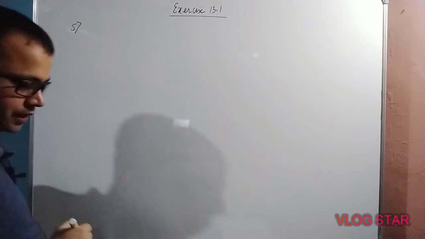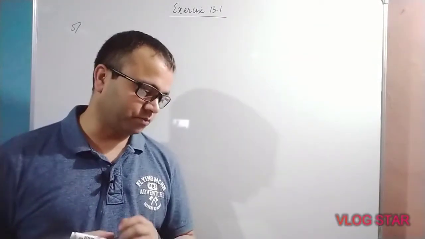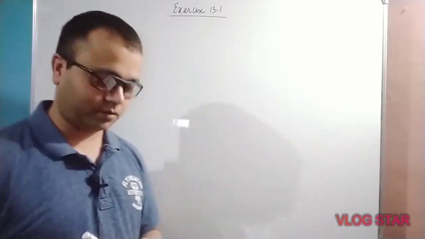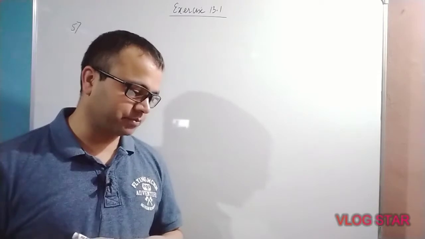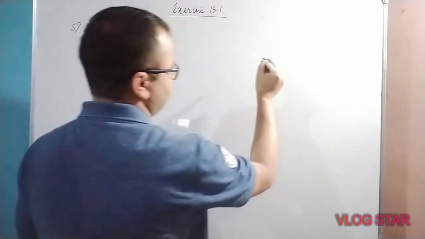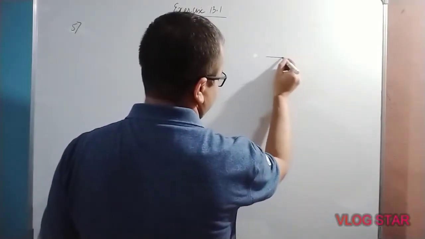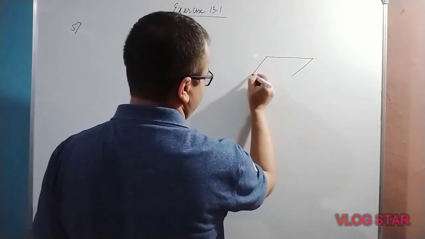In question number 5, a hemispherical depression is cut out from one face of a cubical wooden block such that the diameter L of the hemisphere is equal to the edge of the cube. First we have to draw the cubical block. It is in the shape of a cube.